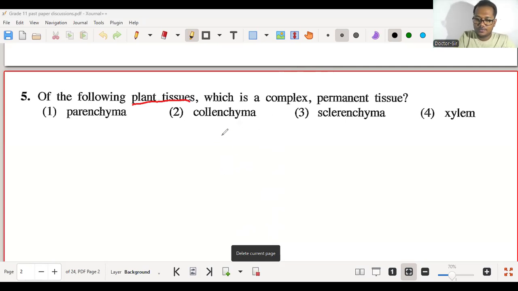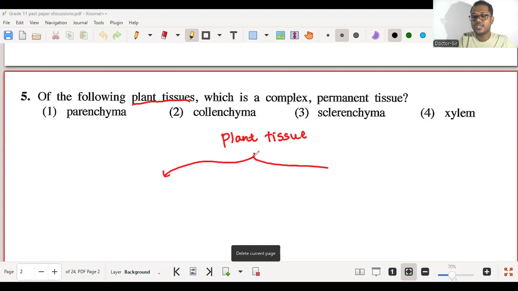First, we will classify it into plant tissues. In plant tissue there are two categories: meristematic tissues and permanent tissues.